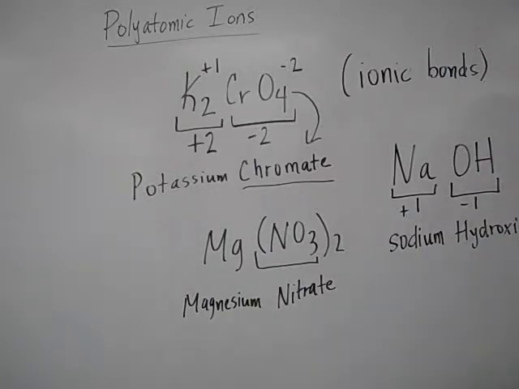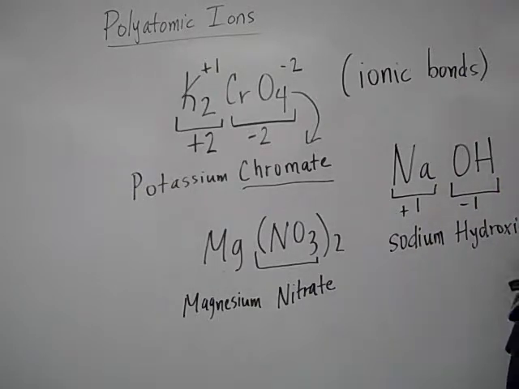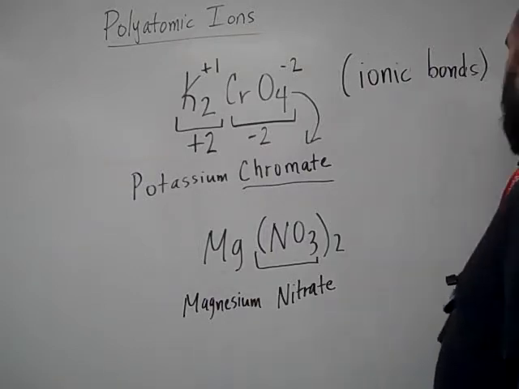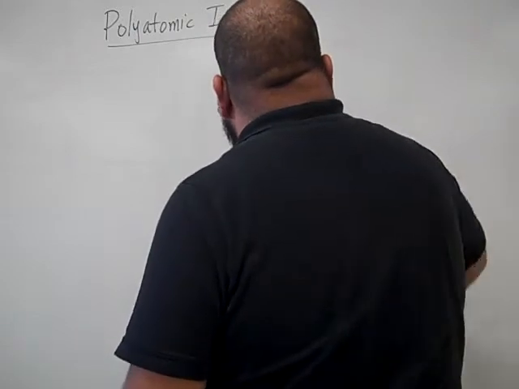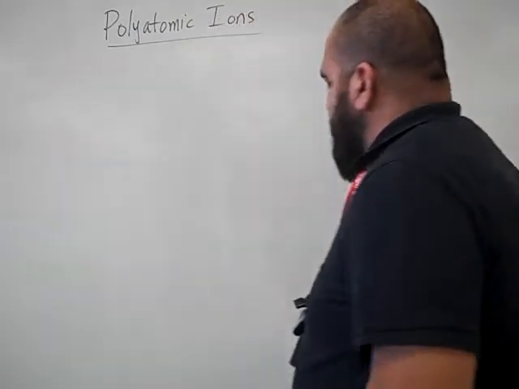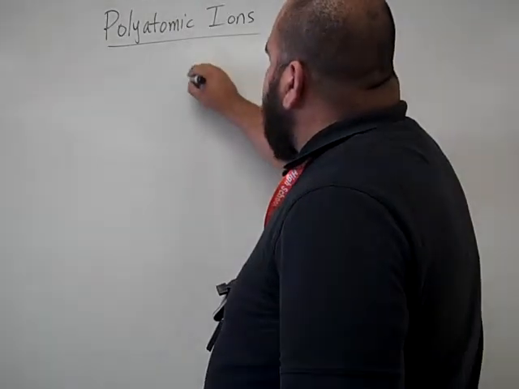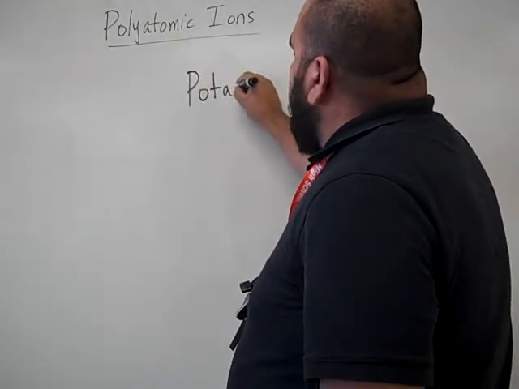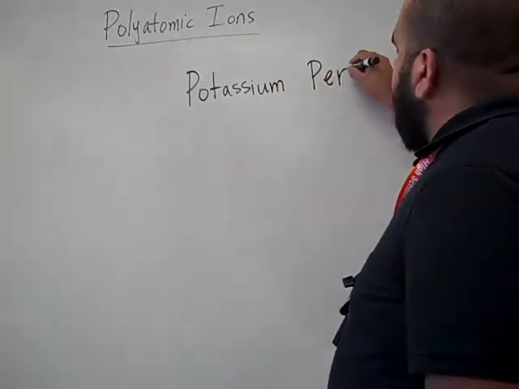Alright, now, what if you are given the name of the compound and you have to write the formula? Well, let's look at that. Let's say, for example, they give you potassium permanganate.